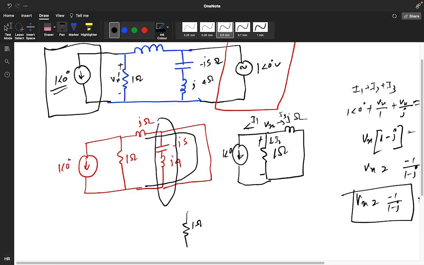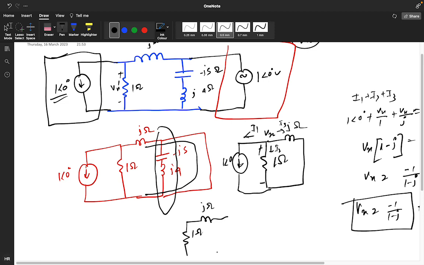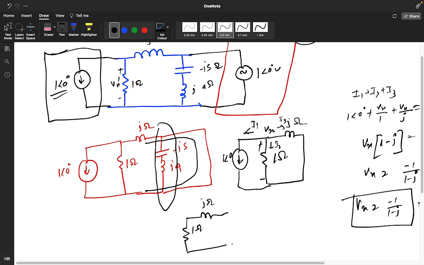This is 1 ohm, this j ohm, this is your minus j5, this is your j4, and now you have this 1 at an angle 0.